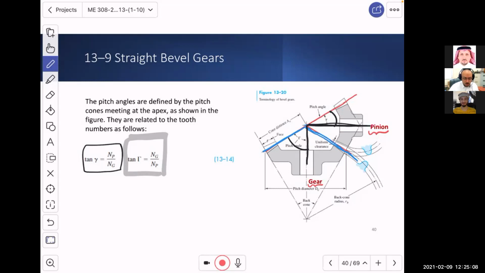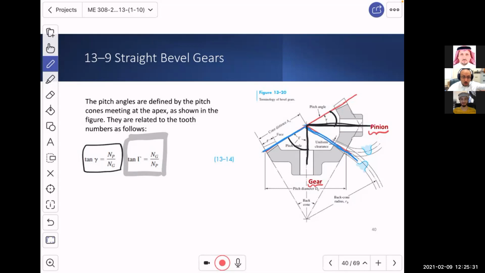My advice to you is to have somewhere in your notes a section for bevel gear and put all the relations for bevel gear, a section for helical gear, a section for spur gear, and then we'll talk about worm. And you will see that most of these equations will become very important later.